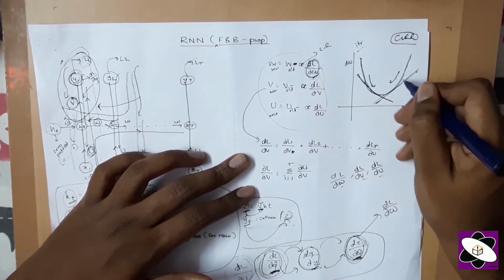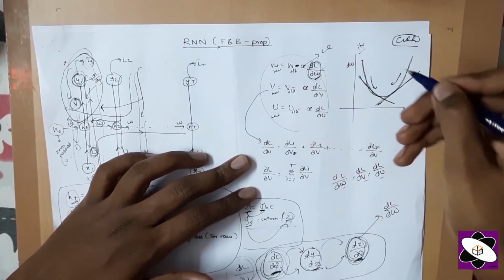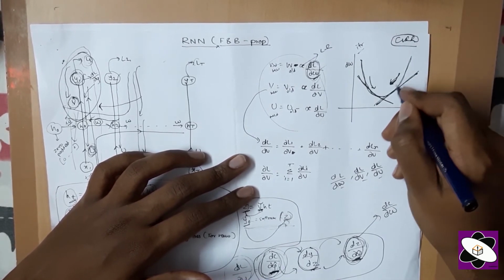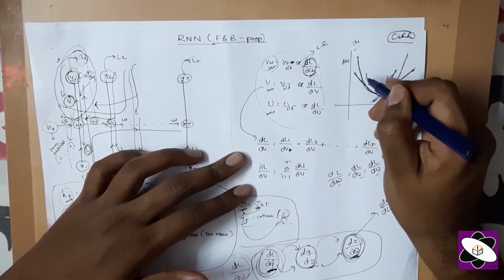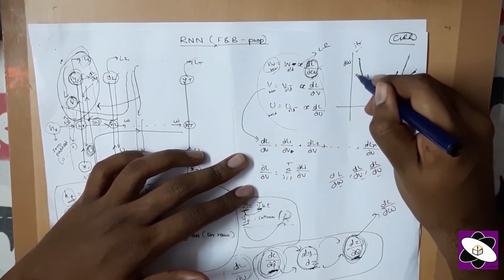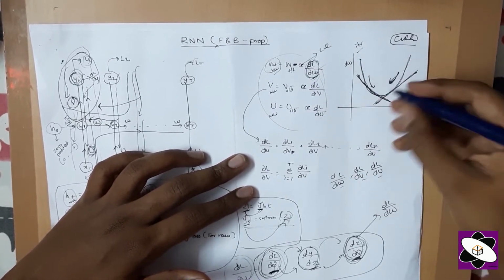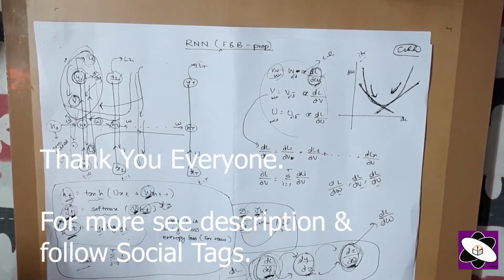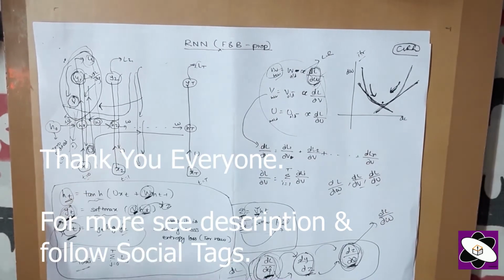If it is negative, a negative slope, then negative of negative is positive, so it will go in this direction. The new value will be in this direction. So our new weight will update in this direction, so the loss will try to reach the global minimum.